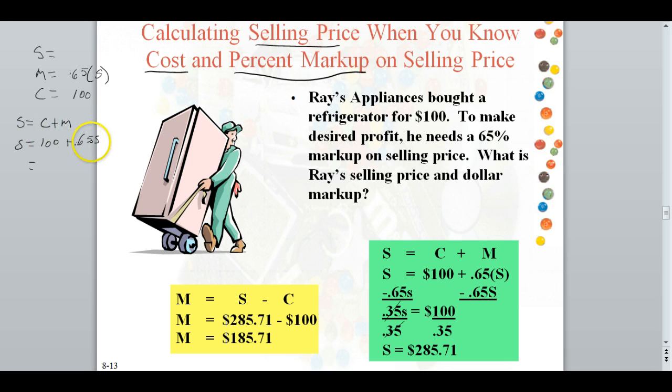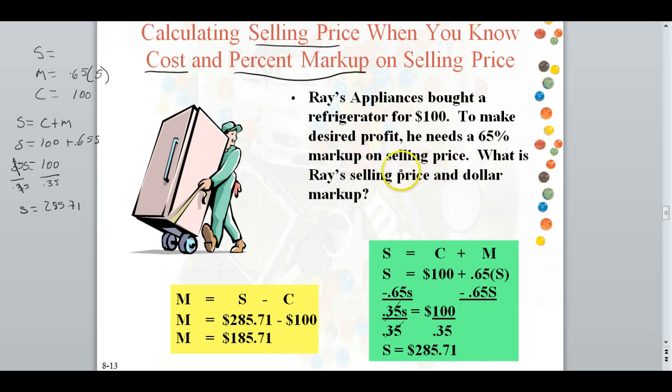We have 0.65S minus 1S over here, which leaves us with 0.35S equals 100. I want to divide by 0.35 to get the S by itself. Divide by 0.35. Divide by 0.35. These cancel. We're left with S equals 285.71.